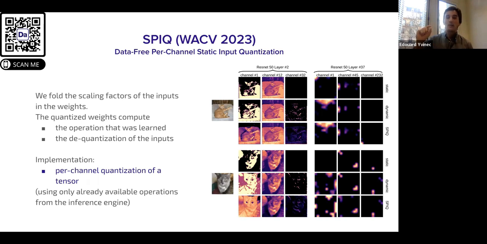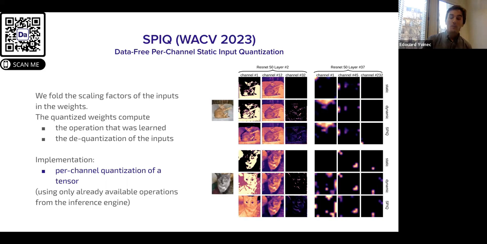And because of that, if you have one per tensor scaling factor, if you have discrepancies between channels, which is the case in practice, for smaller value channels, the very tiny negative values will be rounded to 0. So essentially, you have forcefully converted a SiLU to a ReLU. But that does not happen if you have per channel quantization. So that's why Spike works pretty well on EfficientNet-like architectures.